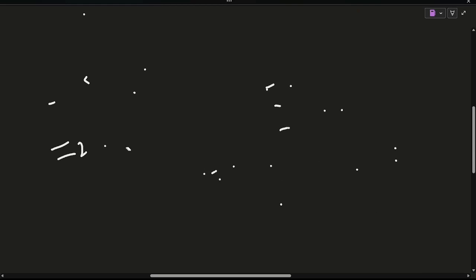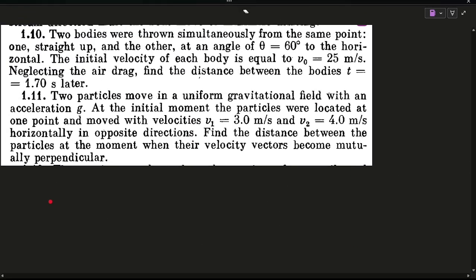In this math, at the initial moment the particles were located at the point, horizontally.